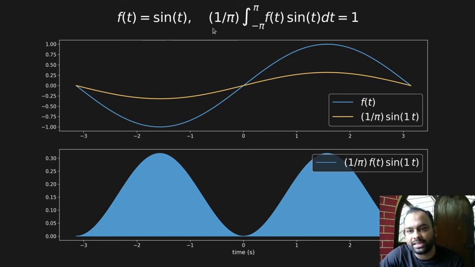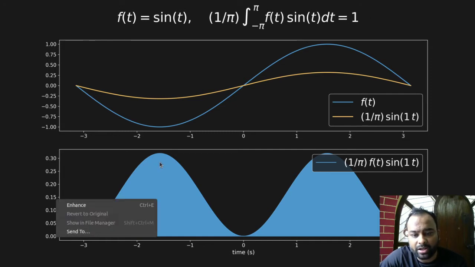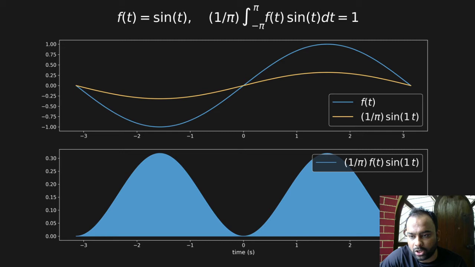And the area here also agrees with our concept. We can see the entire area is positive, and if we calculate the area, we will see that it is indeed equal to 1. So yes, I can now say this ft actually has a sinusoidal component of 1 radian per second frequency and has an amplitude of 1, right? So we can say that.